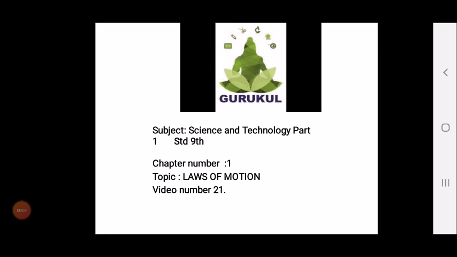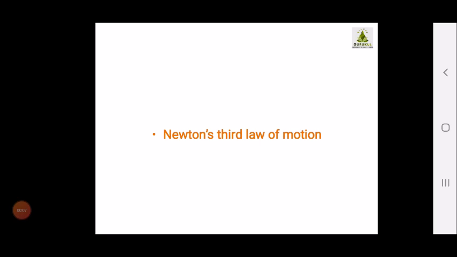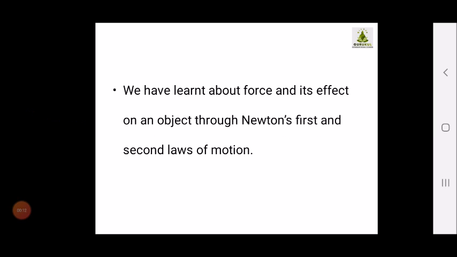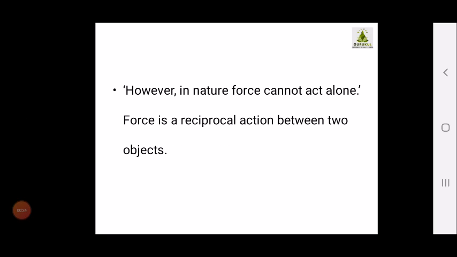Students, today we are going to continue with your first chapter, laws of motion, and now we are going to study Newton's third law of motion. We have previously learned about force and its effect on an object through Newton's first and second laws of motion. Now we have to study that in nature force alone cannot act.